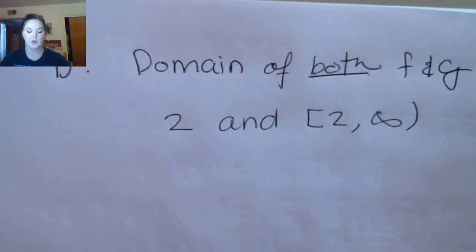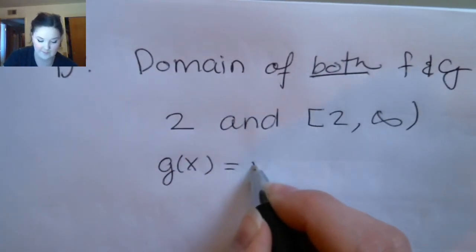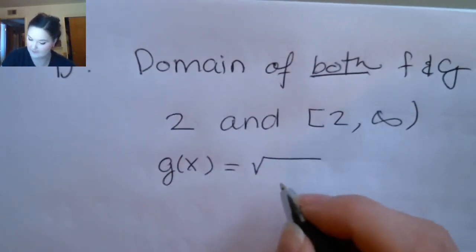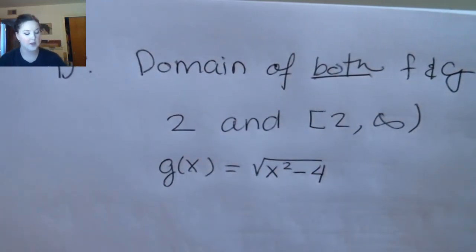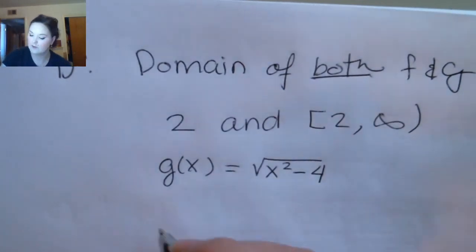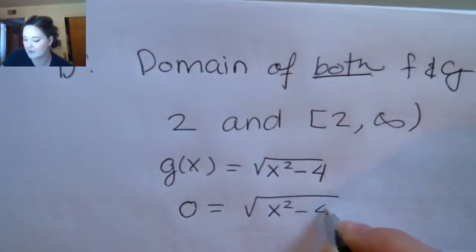So think about g of x. We don't want this to be 0. So if we set it equal to 0, we'll be able to see when that happens.